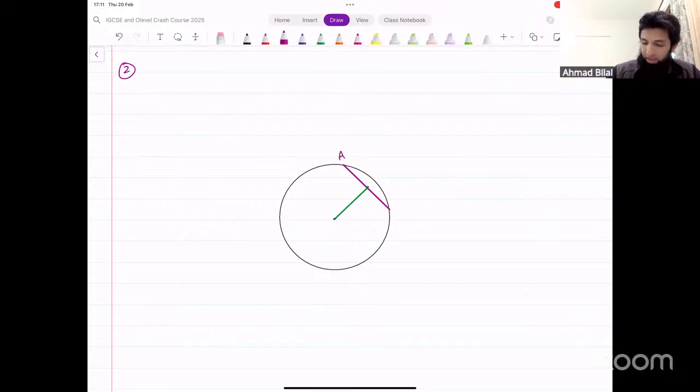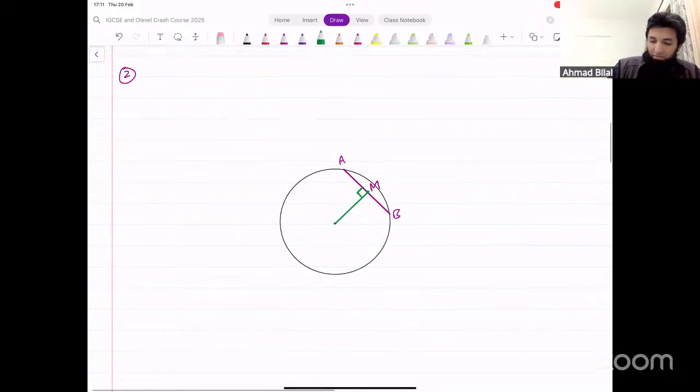Let's call this chord AB. And let's say this point is M. Okay, the point is M and the chord is AB. If this line cuts the chord at the midpoint, the angle here is going to be 90 degrees. Now, let's write that down. What's the property?